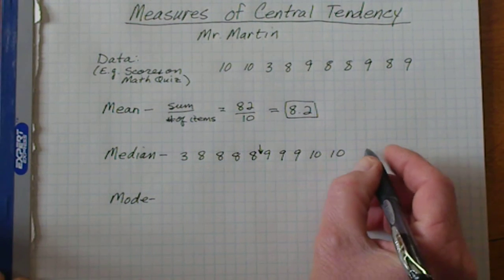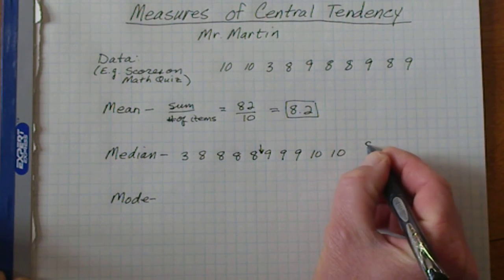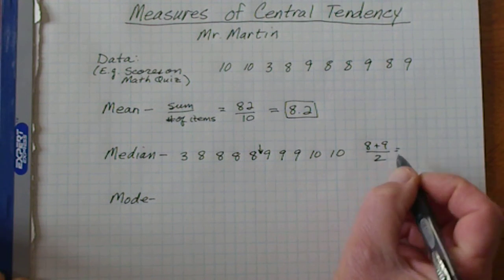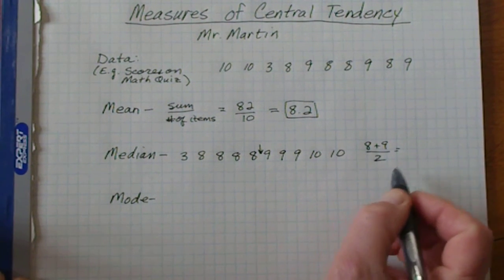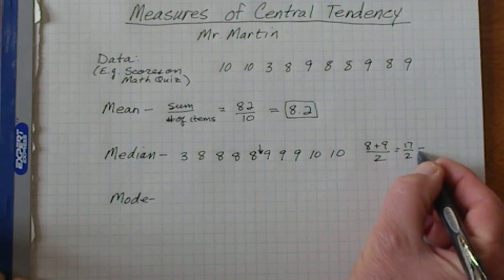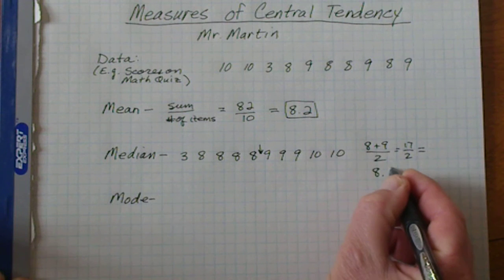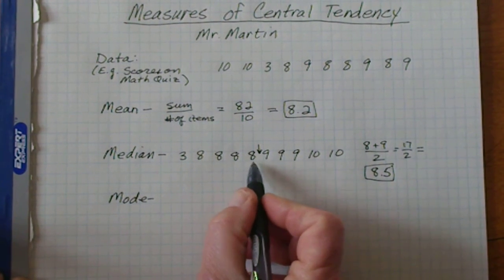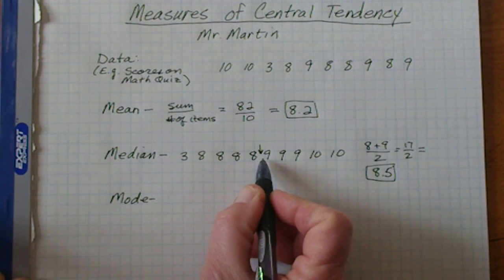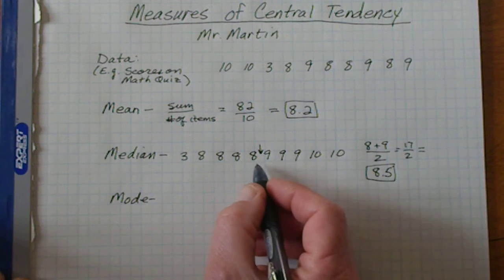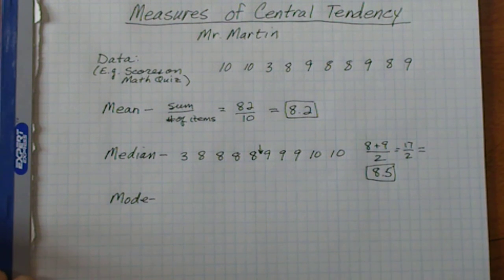I'm going to take the average of these two: 8 plus 9 divided by 2. That's 17 divided by 2, or 8.5. So the median here is 8.5.